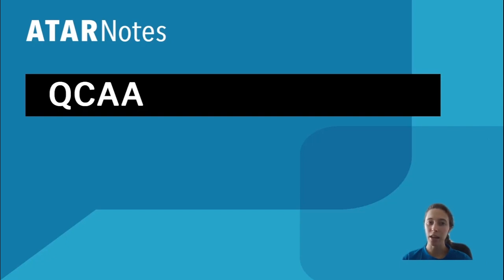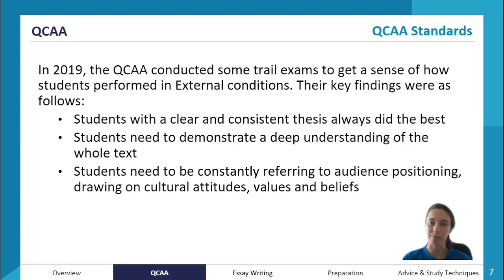The QCAA is our first section. Back in 2019, the QCAA conducted some trial exams to get a sense of how students performed in these external exam conditions. They had a few key findings that are going to provide a bit of guidance for you as well.